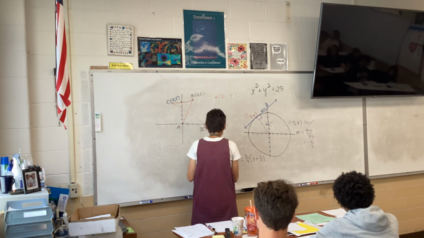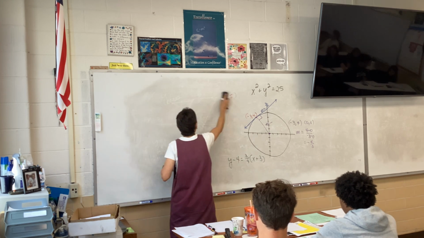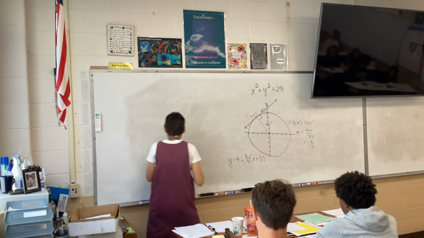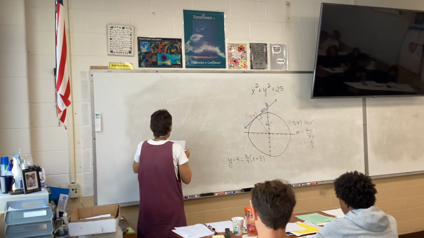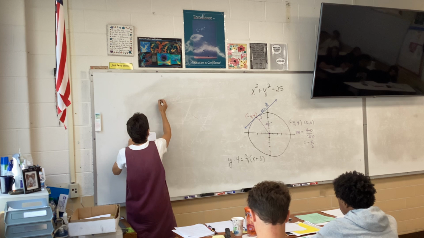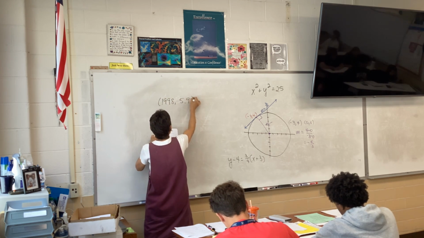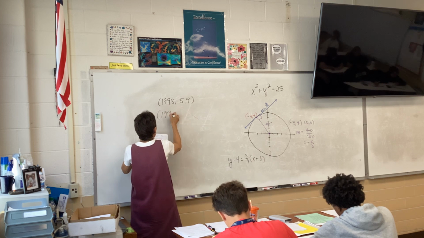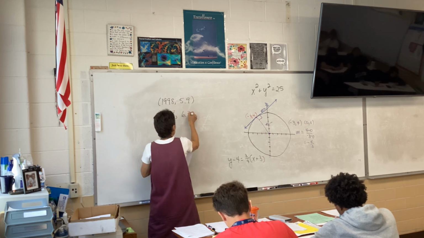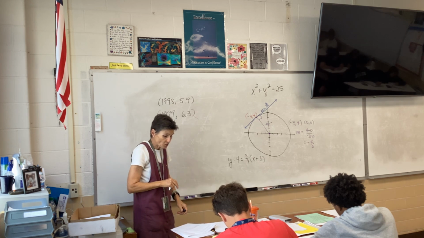So they're telling us we have to use the first 2 points. We can do that. Spending is the y, year is the x. So we can use (1998, 5.9) and (1999, 6.3). Would everyone agree with that? So we're going to write the equation of the line.